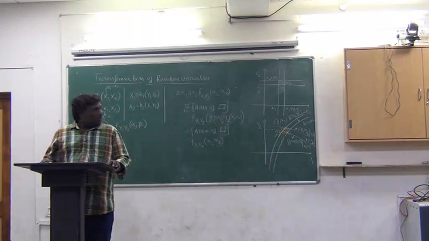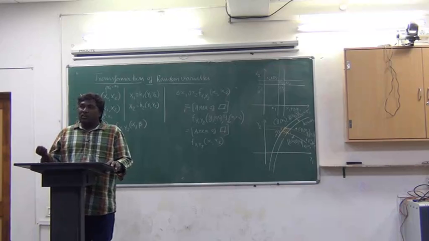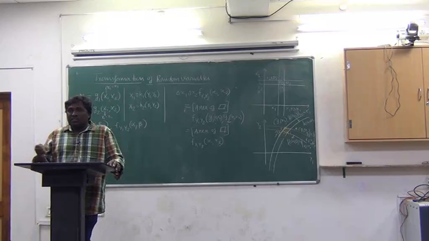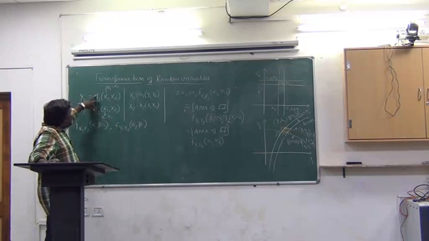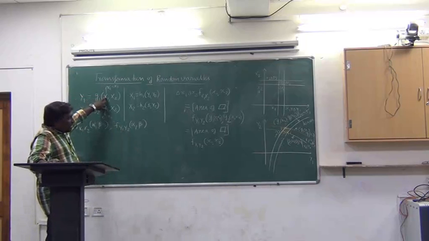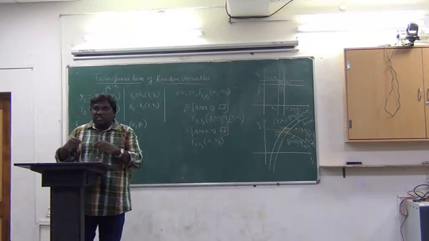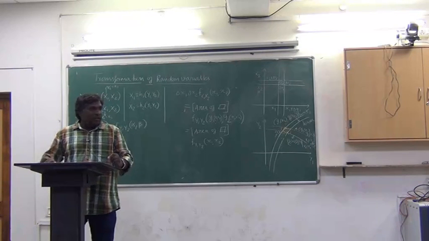We would like to know how this y1 is getting affected by x1, because x2 you already fixed. Let us say this x2 is fixed. So this g1 of x1, the rate at which g1 of x1 is changing with respect to x1, what does that mean?